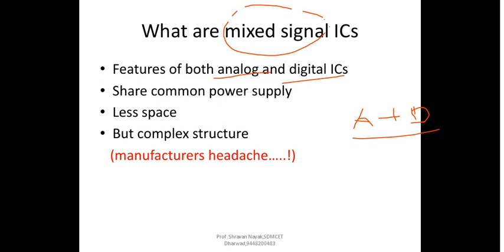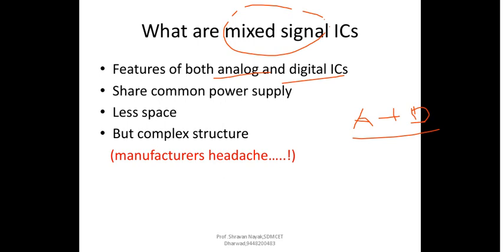Now, your 7400, 7402, 7408, these ICs are categorized as digital ICs, like your multiplexer ICs and all. Similarly, you have so many analog ICs, IC 741 or any such ICs, the 555 timer. These are all referred to as analog ICs.